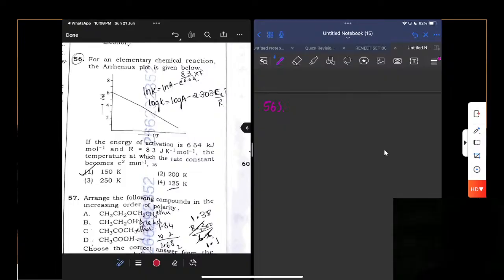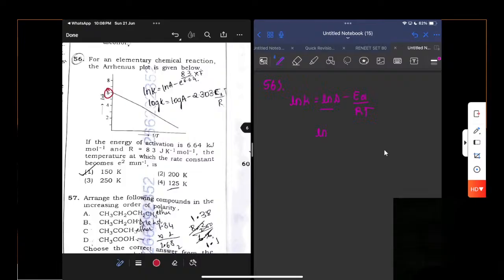So how to calculate this? We know the Arrhenius equation: ln K is equal to ln A minus EA by RT. Now from this graph, what is the intercept here? Intercept is ln A, which is equal to 6.